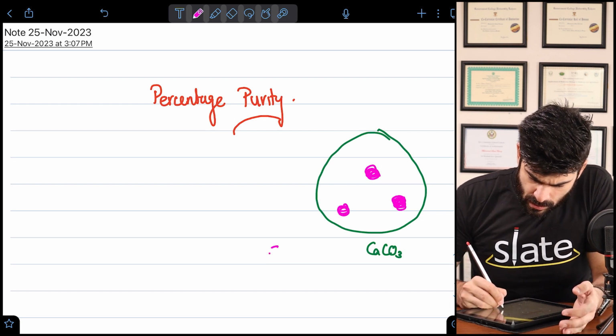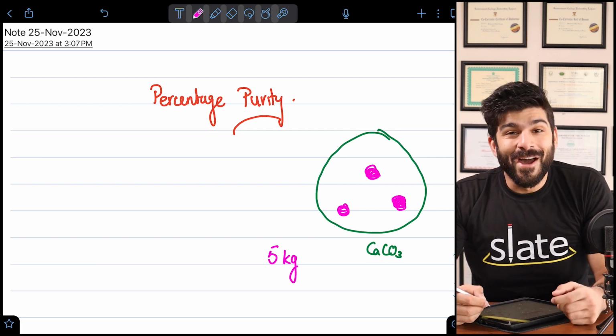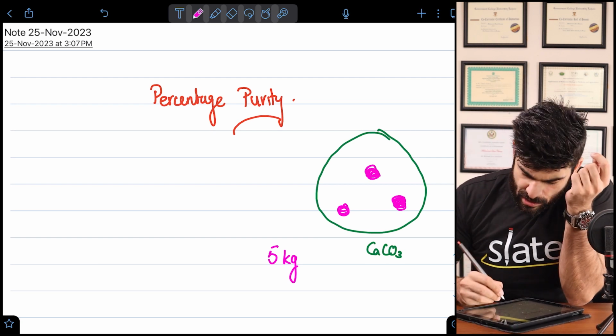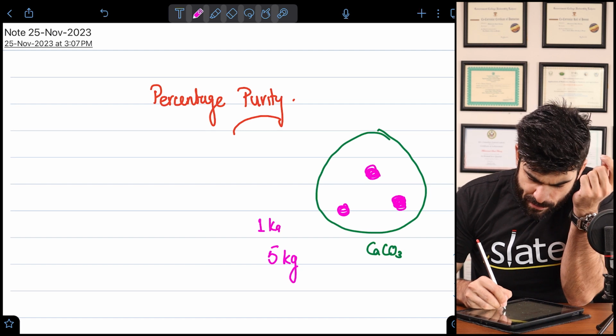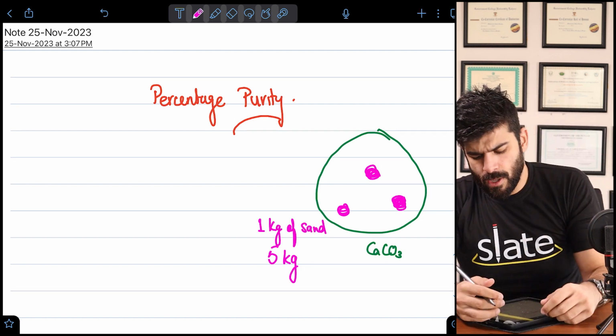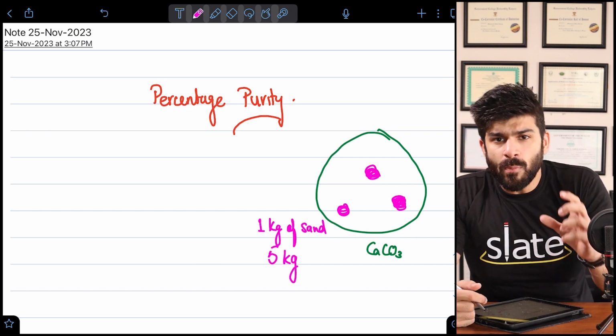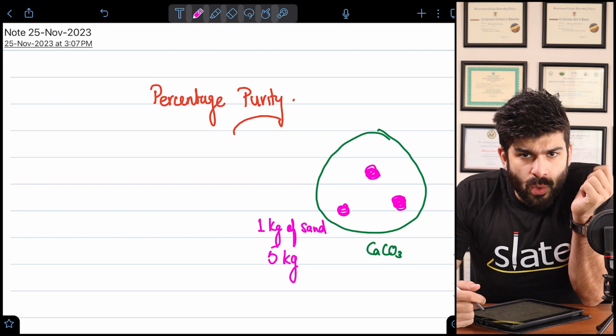Let's assume this is a 5 kg stone, that's a huge stone, and we have 1 kilogram of sand inside it, the pink one. So what will we say about its purity? How pure is that stone?